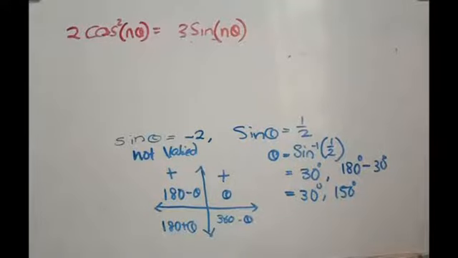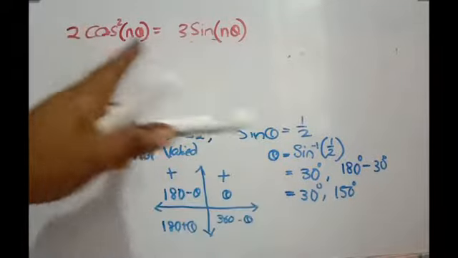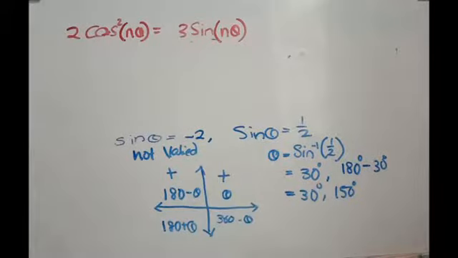The next question is 2 cos squared n theta is equal to 3 sin n theta. However, it is n theta or 2 theta or 3 theta or 4 theta, whatever, we get two values for sine as minus 2 and 1 by 2 for this equation. So here also we are following the same thing. We don't want to copy the same method once again.